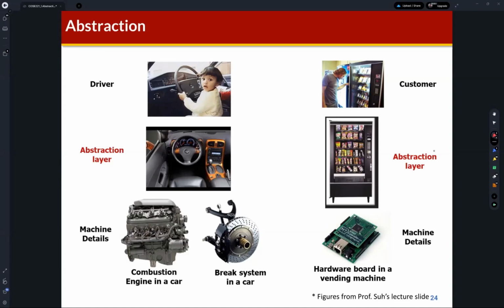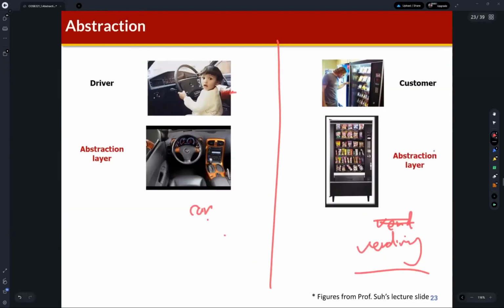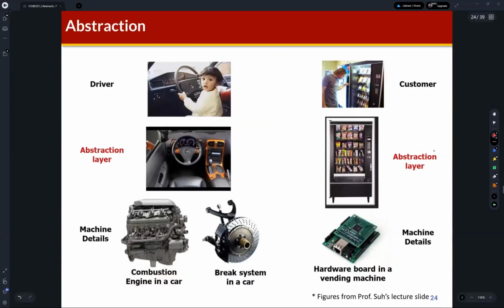Okay, a vending machine is the same. This is a customer, and if we just push the buttons of the vending machine, then we can purchase a product from it. But inside, the vending machine includes control systems. It also needs to detect the push of a button, and it controls some product providing system.